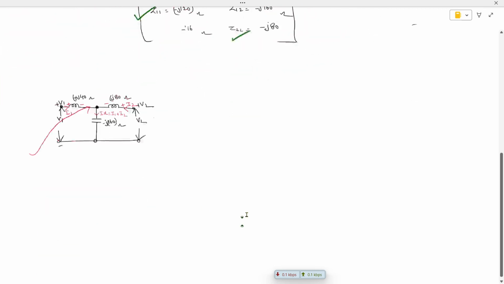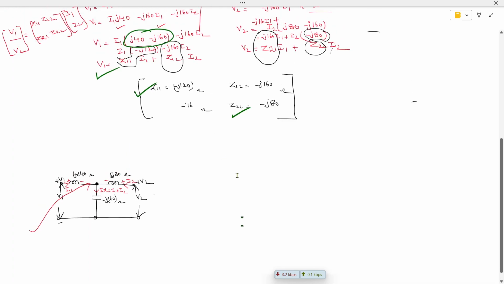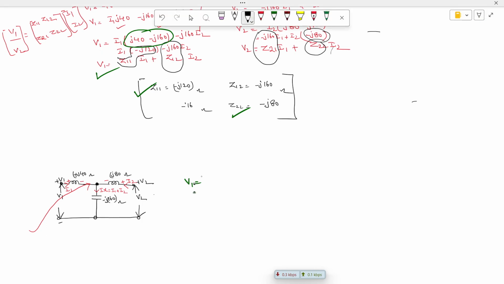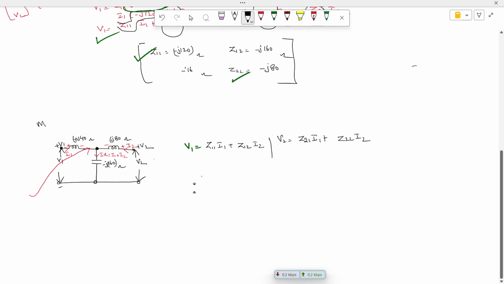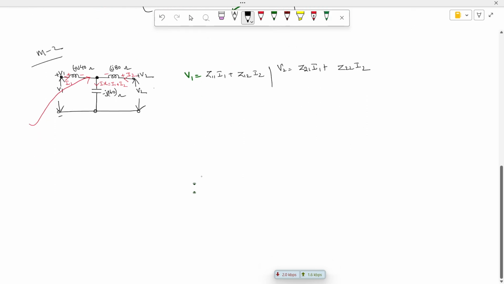The basic equations are: V1 is equal to Z11 I1 plus Z12 I2 is one basic equation, and the second equation is V2 is equal to Z21 I1 plus Z22 I2. So here I'm going to solve it by method 2, which is a little bit more simplified if you understood it.